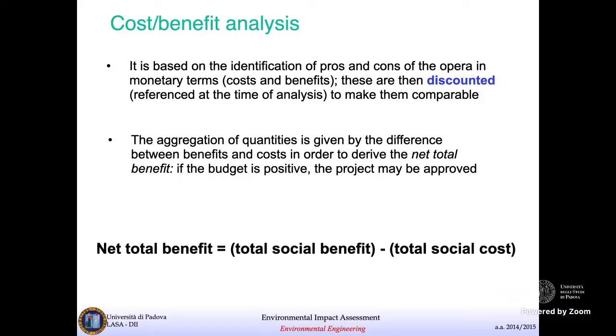So the first indicator you may employ, the so-called net total benefit, is trivially defined as the difference between the total social benefit and the total social cost. Please note that we are talking about social costs and social benefits.